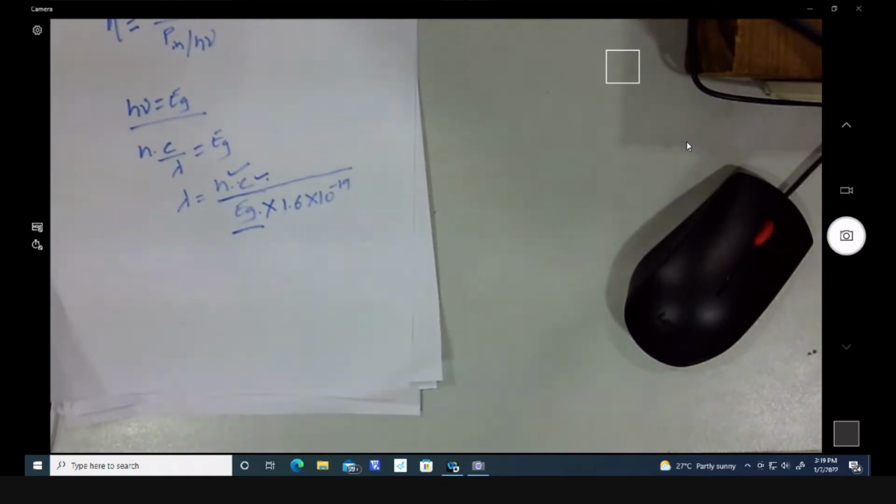Suppose 0.5 microwatt of optical power produces a multiplication current of 10 microamps.